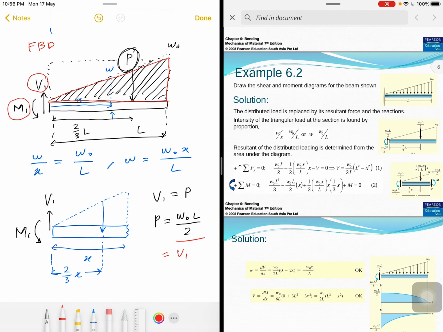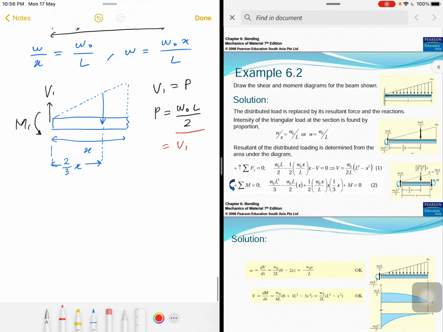Right now we want to calculate M1. So when we consider the moment about the support, let me change color. So we have the beam. So this is the whole beam, this beam is not cut yet.